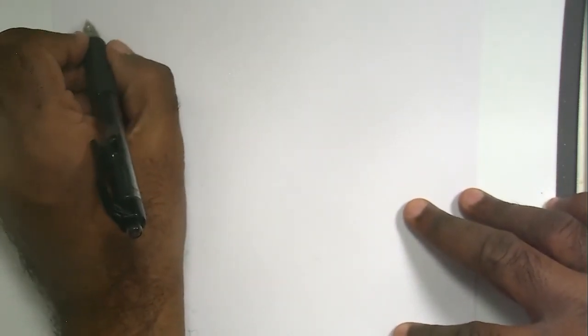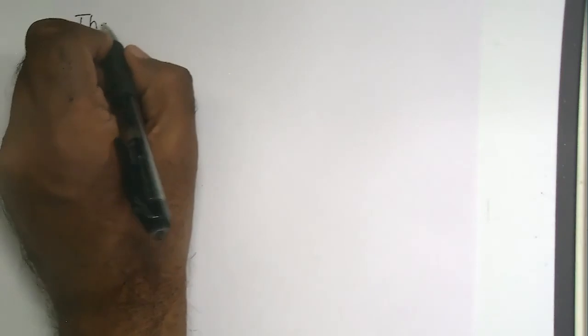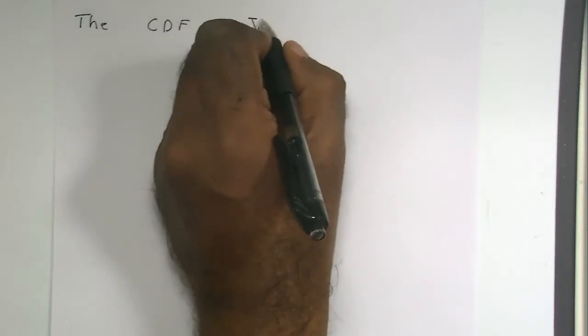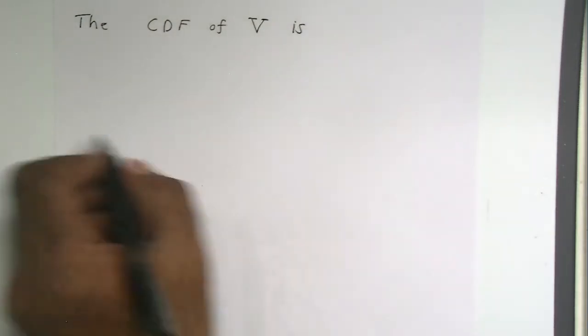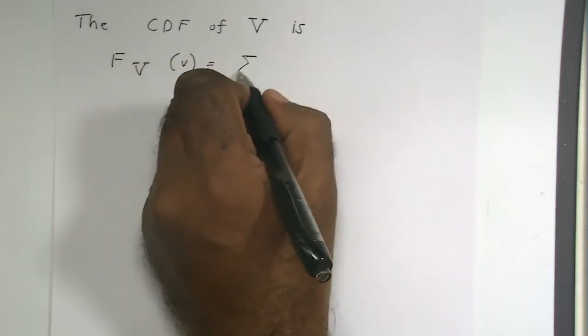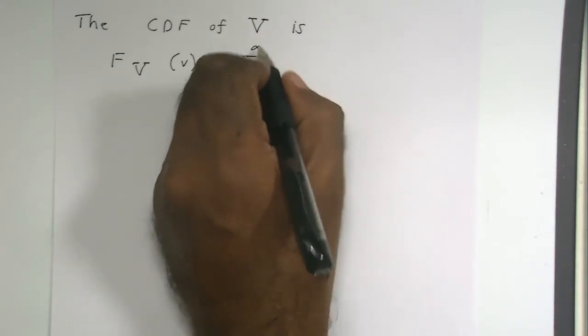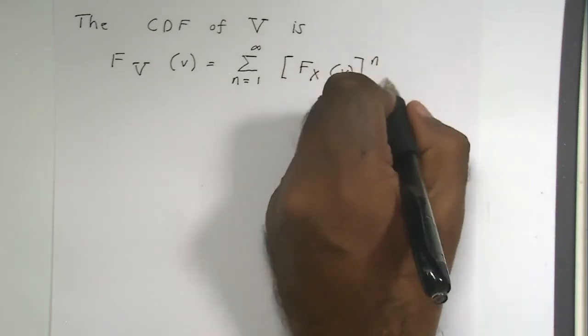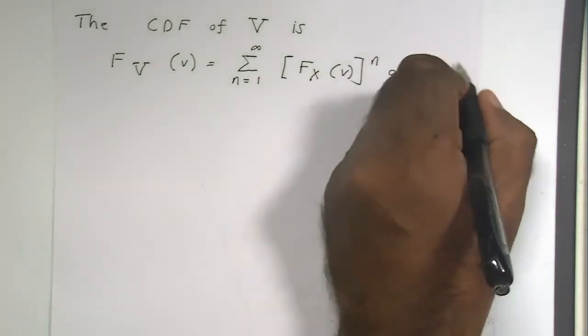I know we are running out of time. We already ran out of time, but the next one is the CDF of V. The CDF of V, if you use the formula that I gave you before, is the sum over n from 1 to infinity of F_X(v) to the power n times the density of the geometric, which is this one.